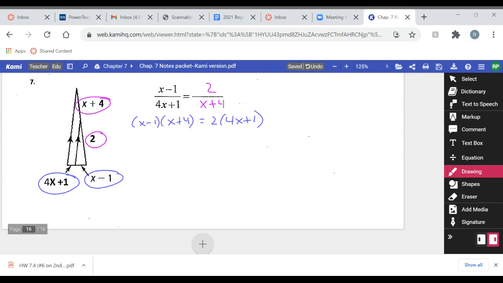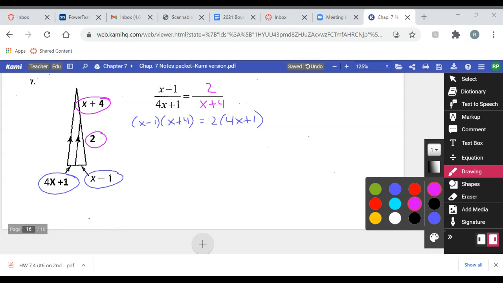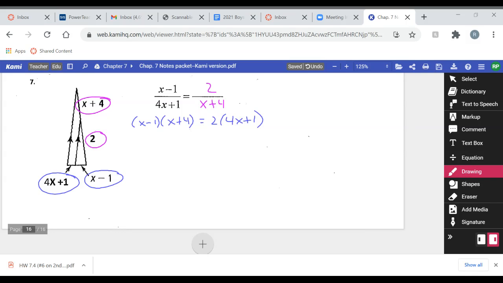Okay, so again, I think it's helpful to put parentheses. Anytime you have more than one term, put parentheses around it so that you remember what to do from there. And in this case, if I see two binomials, I need to FOIL, is the way most people learned it, where I'm going to multiply the first two terms, then the outside terms, and then the inside, and then the last. On the right side, I need to distribute the 2.